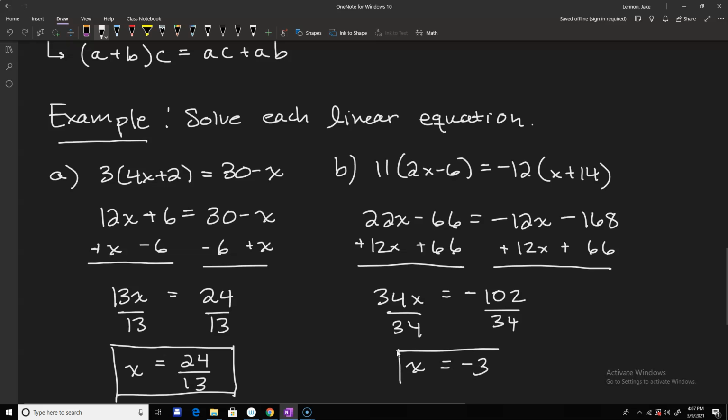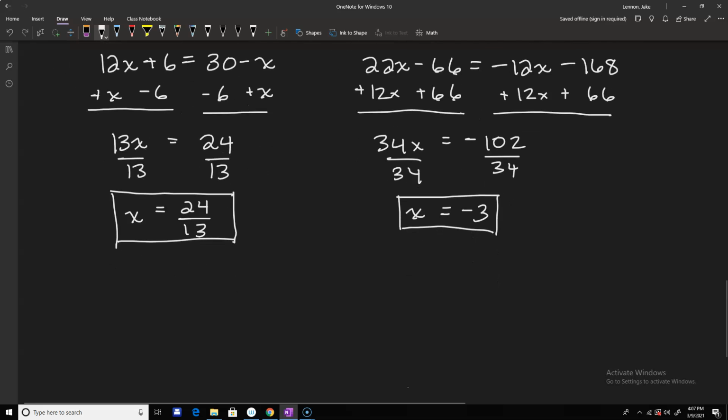Again, I did all this mentally, so maybe I'll check the calculator just to double check my answers there, that I didn't mess up 12 times 14 or the division. And yeah, it looks all right to me. Yep, all set. Okay, so let's go through one more where possibly we have some distributing to do, and then after that we'll look at maybe some equations that involve fractions, and we'll see a trick there.